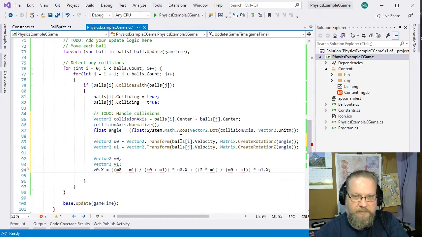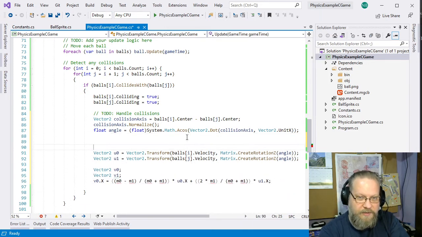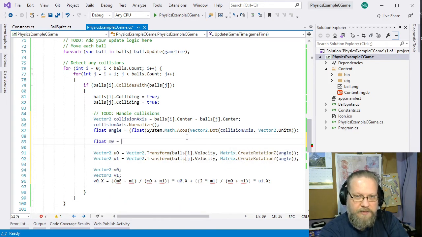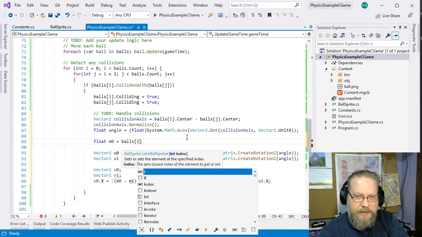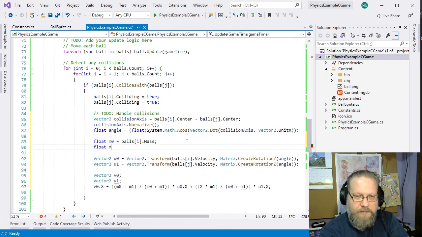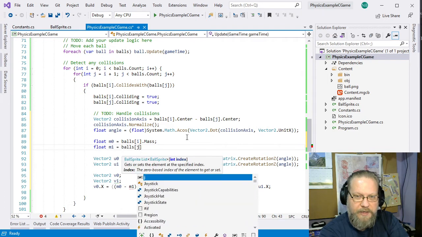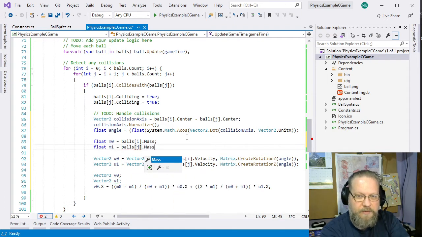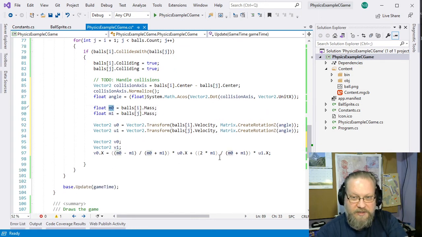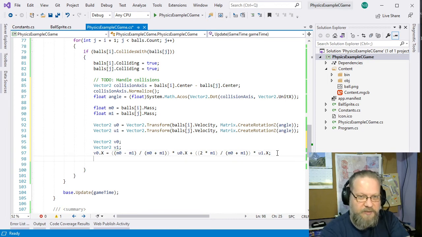And these masses, by the way, we're going to pull those out. Float m0 is just going to be ballsI.mass, and float m1 is going to be ballsJ.mass. We could actually type ballsI and ballsJ.mass for these, but it's handy to use a shorthand notation because you can see these equations are not small.